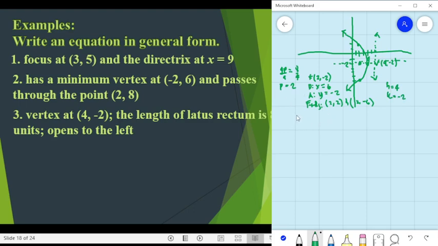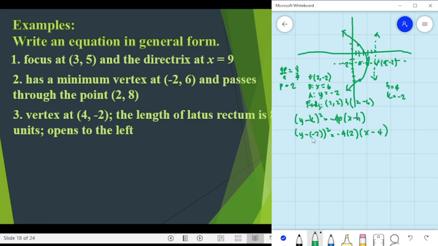So the equation you will use, since this is a parabola opening left, should be quantity y minus k squared is equal to -4p quantity x minus h, which is, your k is -2, so it should be y minus the negative of 2 squared, and it is equal to -4 times 2, then quantity x minus your h is 4.